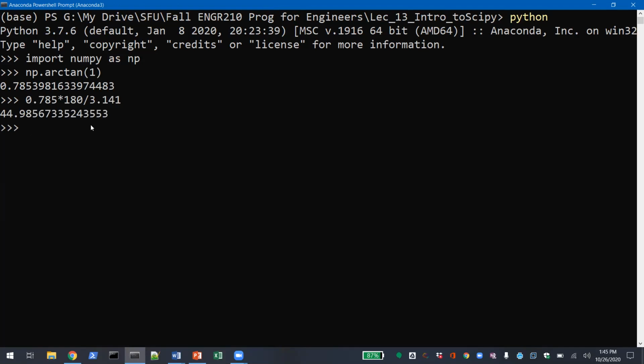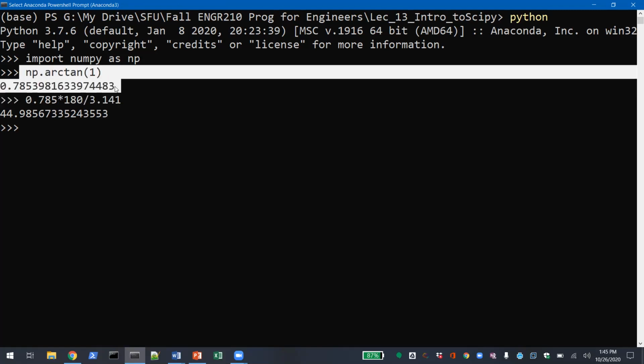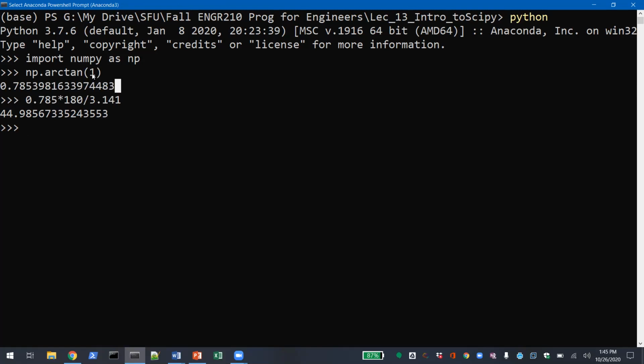So what that's saying is that the output of the arctangent function is going to be in radians. That's something I'm going to have to keep in mind. But other than that, I should be able to use this as is, and just put everything that I want inside of that.